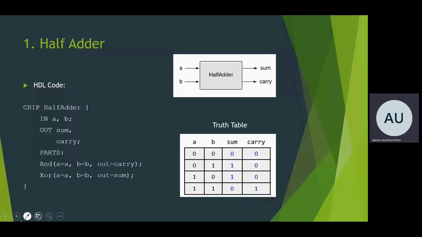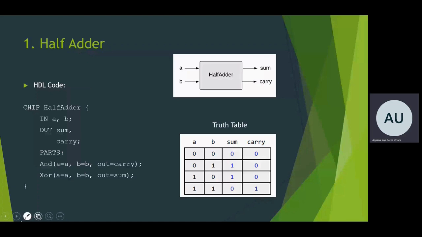So the first half adder takes inputs A and B, and gives sum S1 and carry C1. The second half adder takes inputs S1 and C, because the AB sum can be given to C, and it gives out both sum and carry. And in this way we can get the OR of C1 and C2, which is given as the output carry. So in this way, if we have A, B and C, three different values, we get two values, sum and carry. This is the implementation of the full adder.